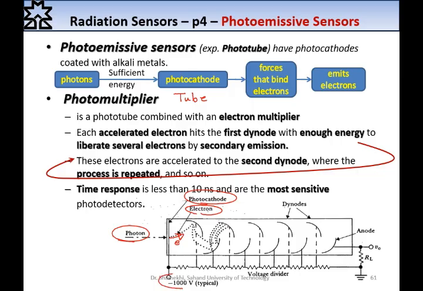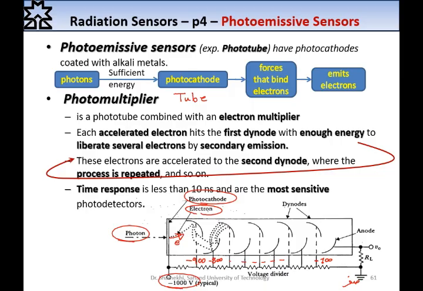Therefore, if we have a huge electric field, as you can see, 1 kilovolt, this is 0 volts, and this is negative 1000 volts, and using 10 resistors, now we have negative 900, negative 800, and so on, negative 100 volts, and also 0.